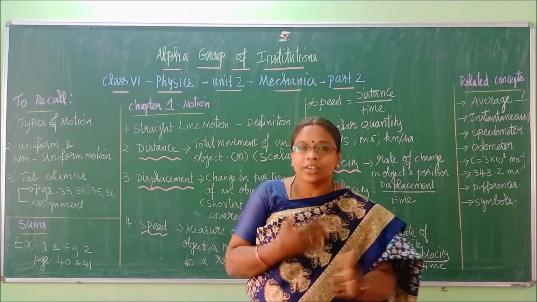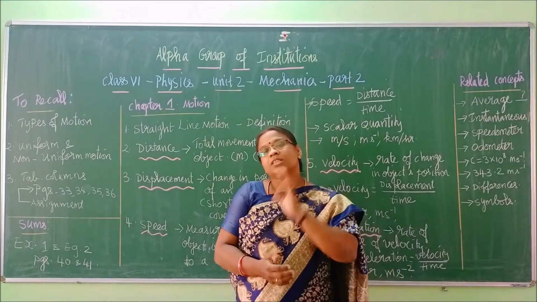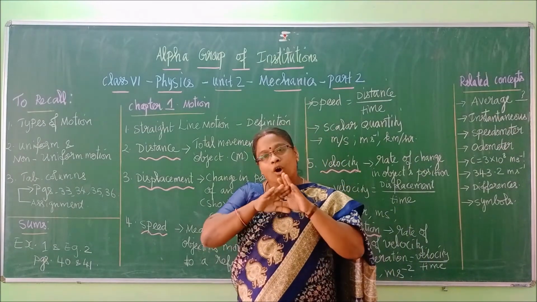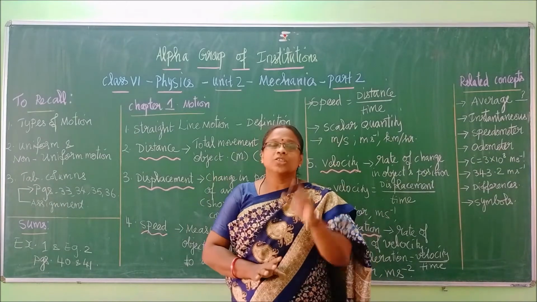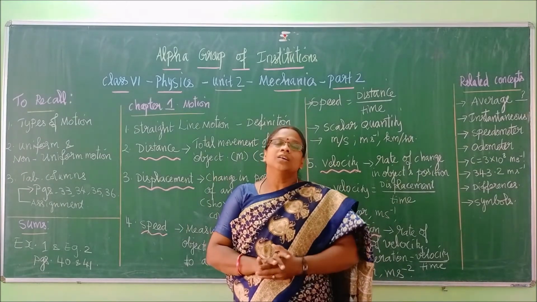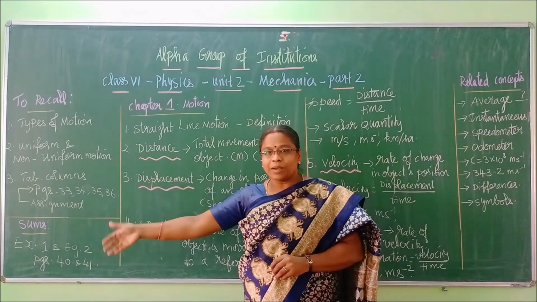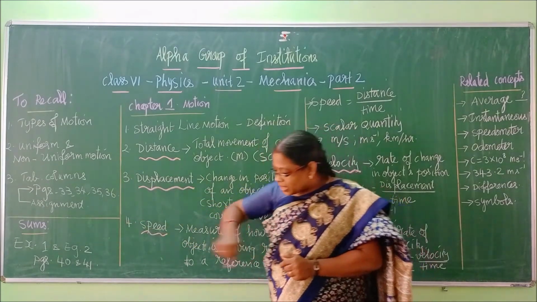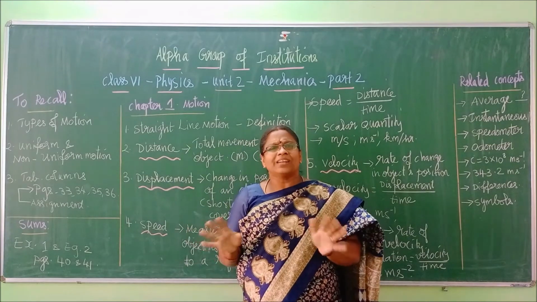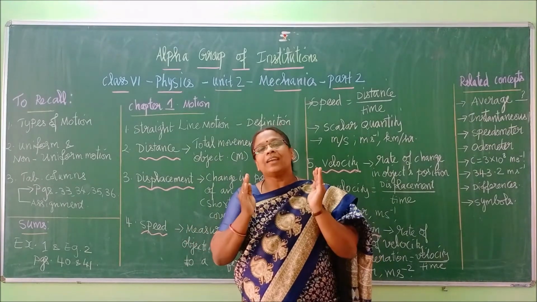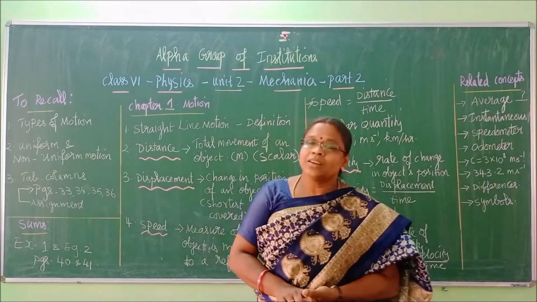In another way, of all the available distances, the shortest distance is called displacement. In the same case, from that point to this point, this straight-line travel will ultimately be the shortest. So that shortest distance is called displacement.